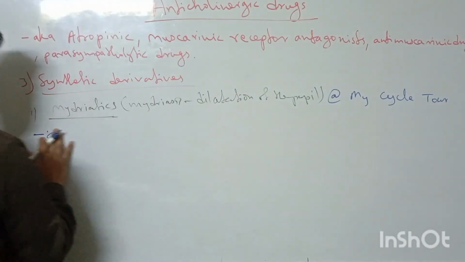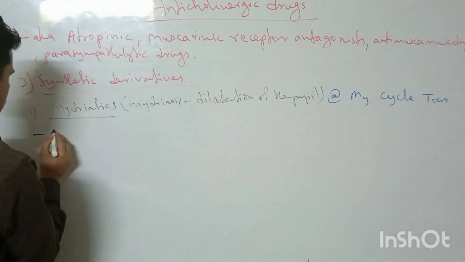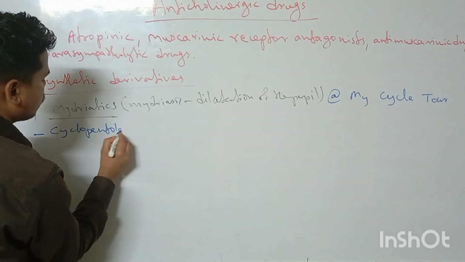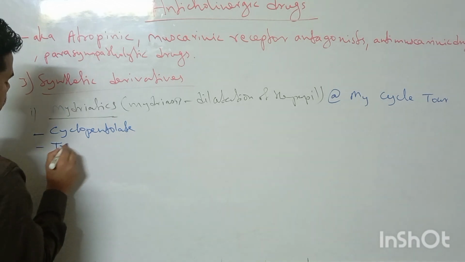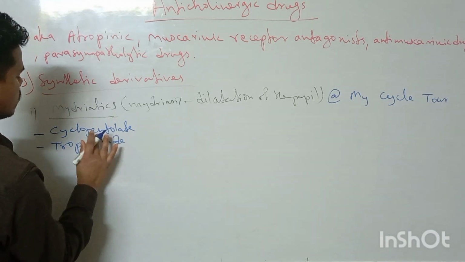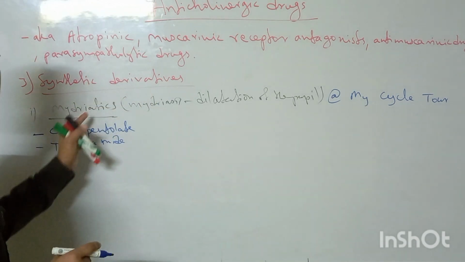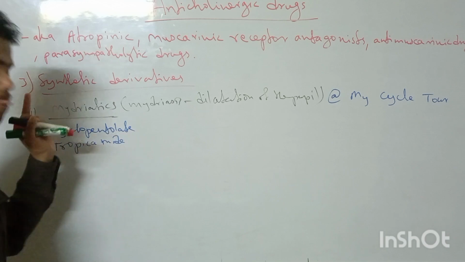So this will stand for mydriatics, cyclopentolate, and T will stand for tropicamide. Remember the mnemonic: my cycle tour, that is, mydriatics include cyclopentolate and tropicamide.